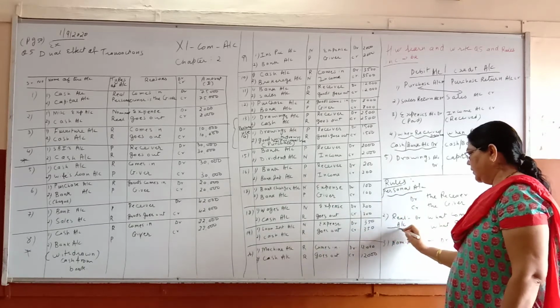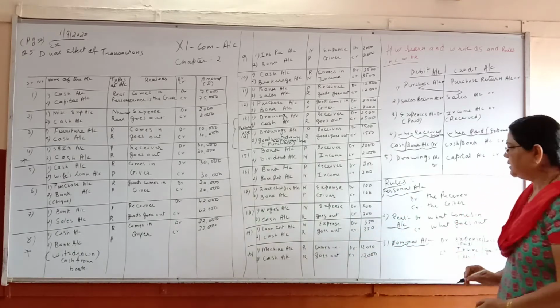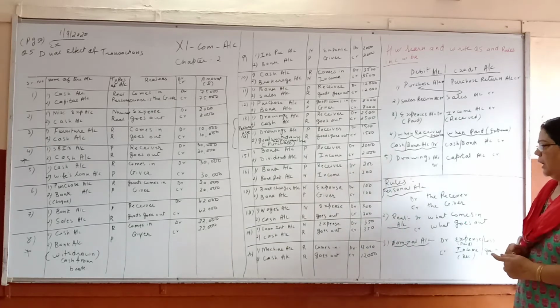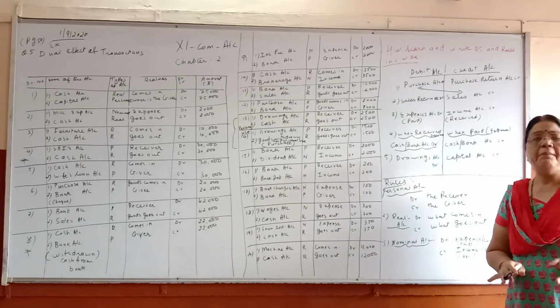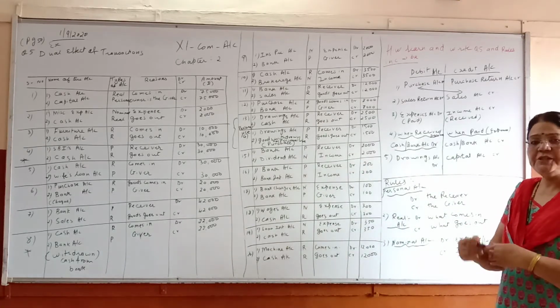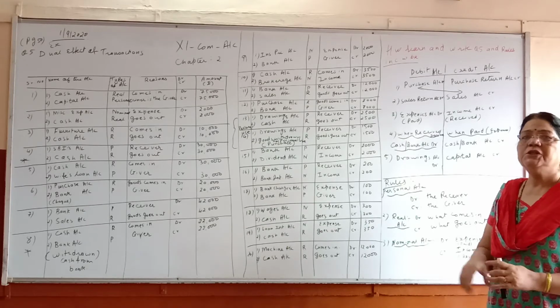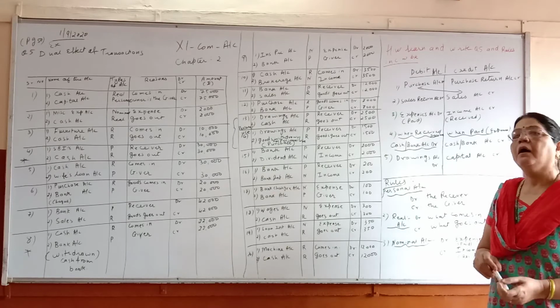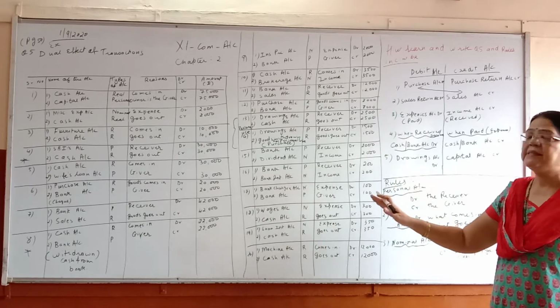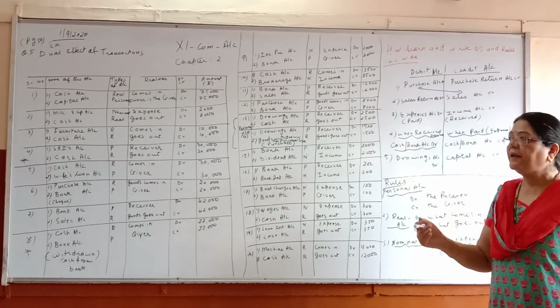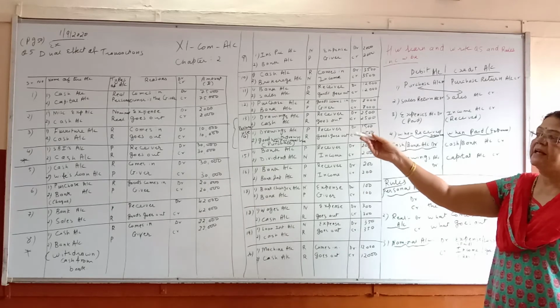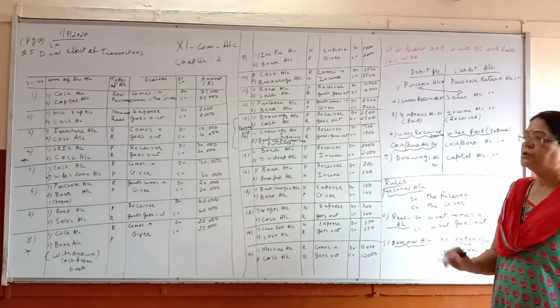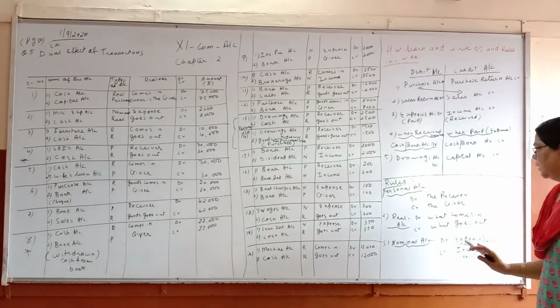Once again, as we are ending this chapter 2, I want you to learn and be perfect, because the next chapter is to write the journal entries in the proper form in accounts. So if your base is clear, journal entry will be the same this way, cash and capital one to one. So this should be thorough.